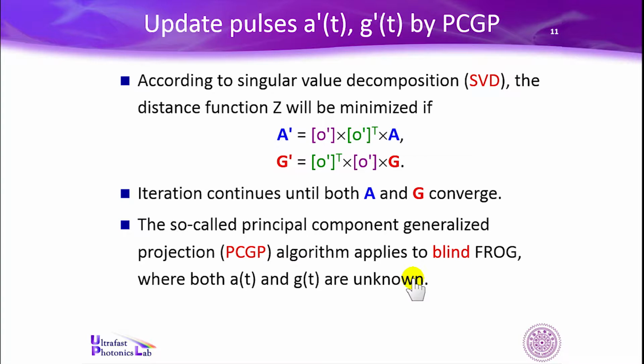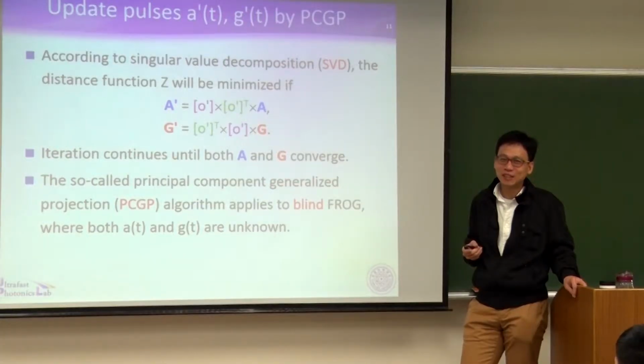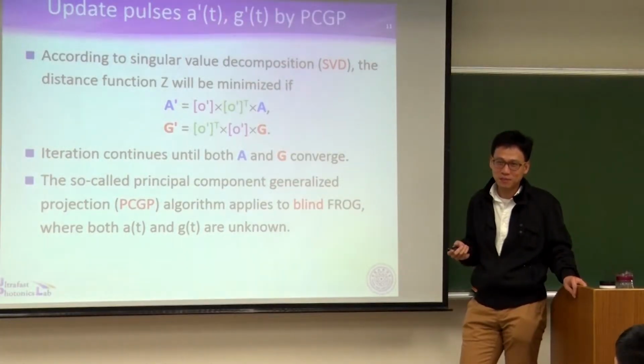Now I offer one bonus opportunity. Is there any bug in these two formulas? They look pretty, but actually there is a bug. Where is the bug?